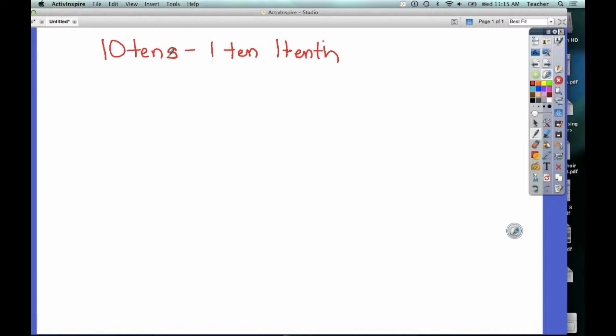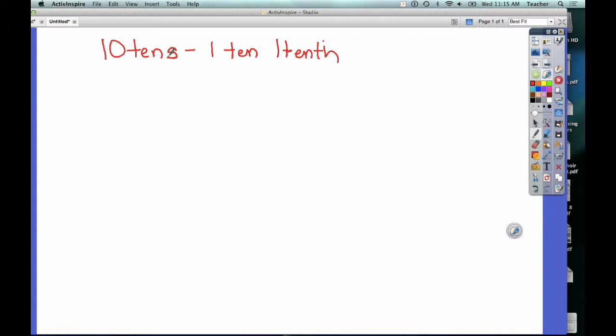What's the way I could solve that problem? Just write it down and write the 110 in standard form, and then write the 10 under it or over it, and then subtract it. Okay.